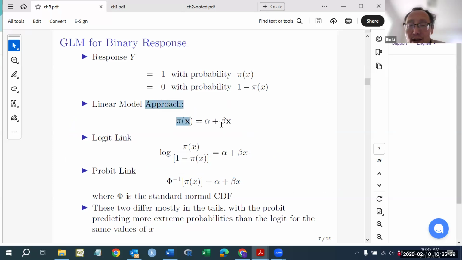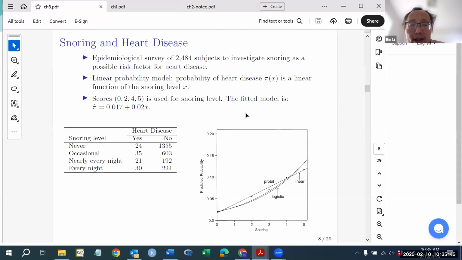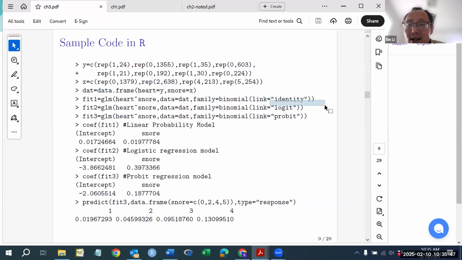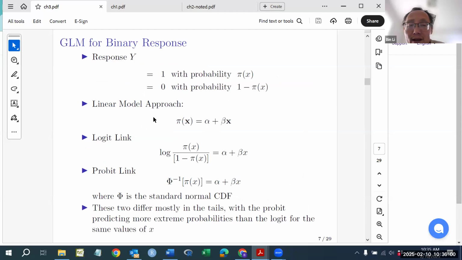One thing, actually one student asked me after class: when we use the identity link, is that the same solution as the OLS? What do you think? For the linear probability model, can we just use OLS? Because Y is 0 or 1, right?